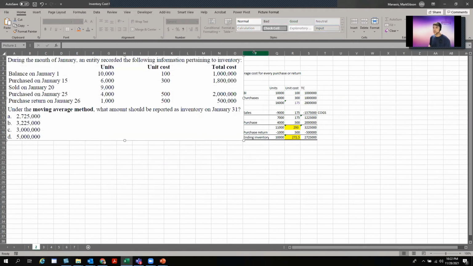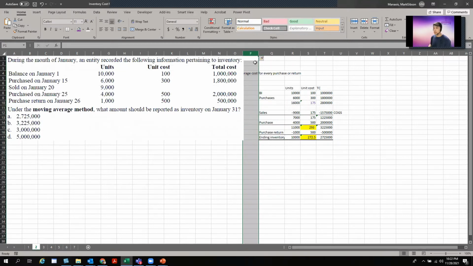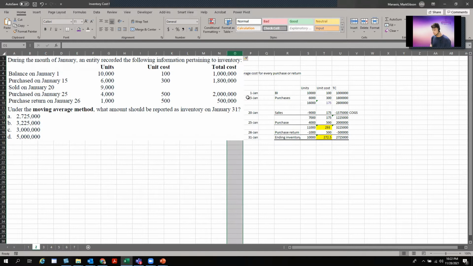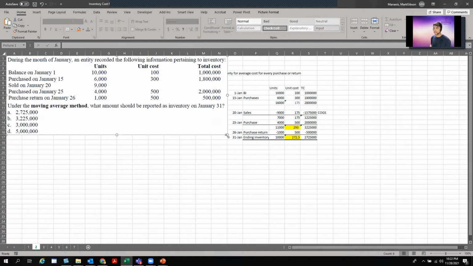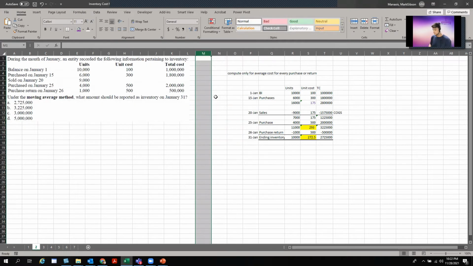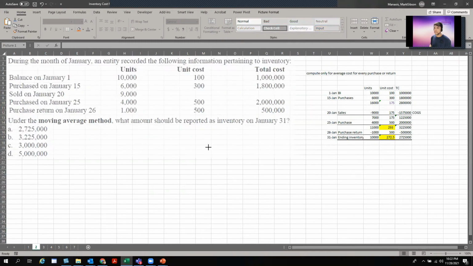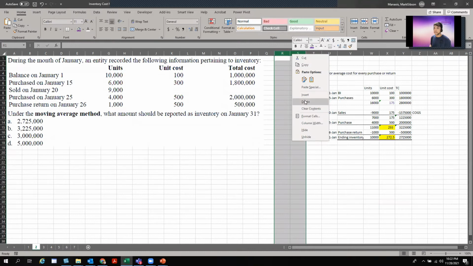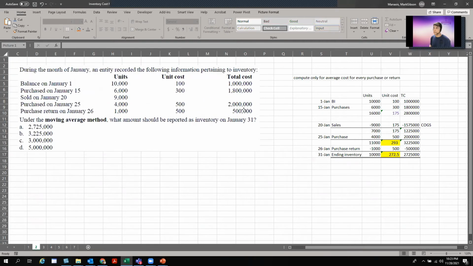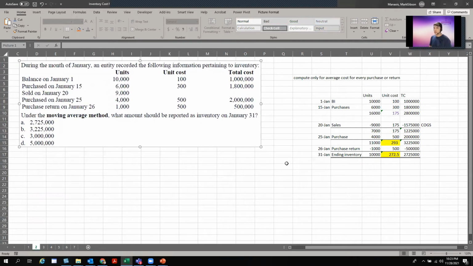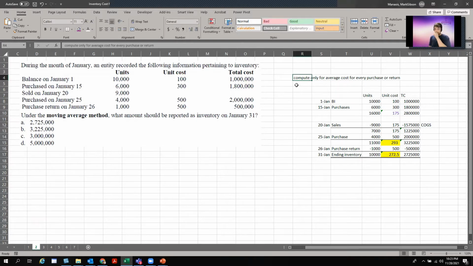Okay, so in problem number 2, sabi ko dyan compute only for average cost for every purchase or return.